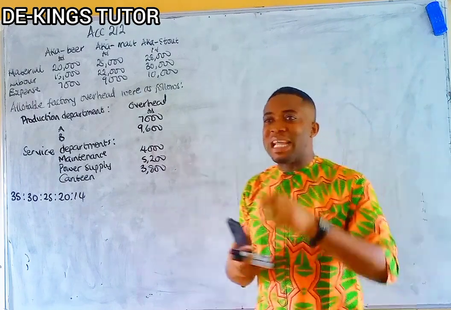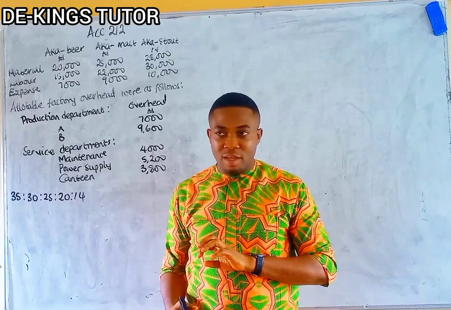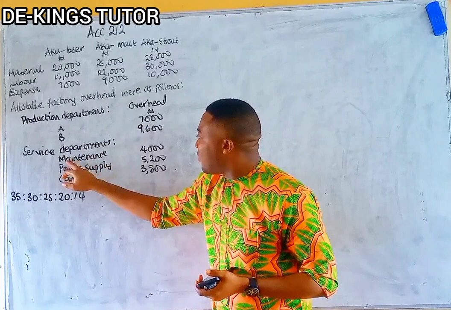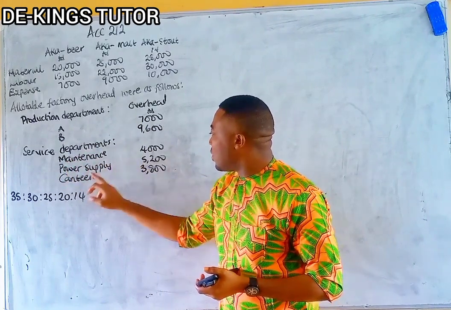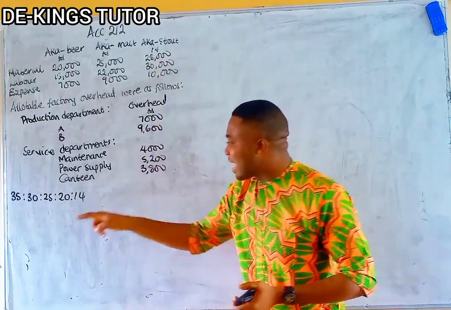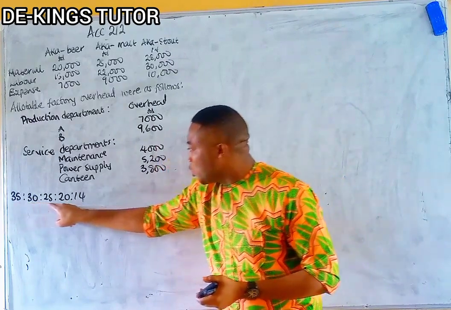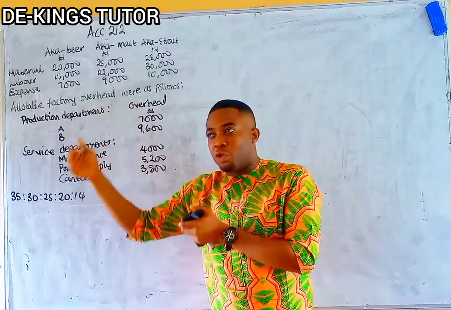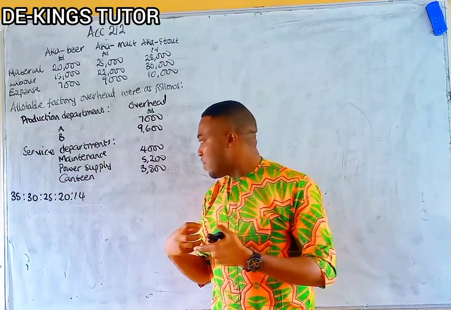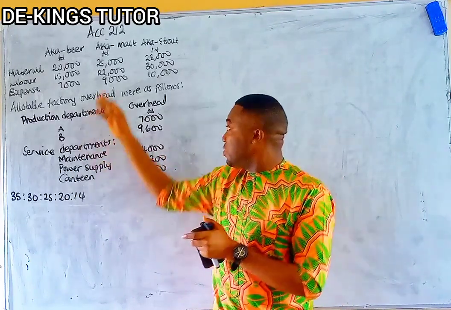What it means is that this value is what all these departments use together: department A, department B, and the service departments, maintenance, power supply, and canteen. They gave us a ratio on how to apportion it based on the benefits they have received, which I explained in the last class. Given all that, they now said we should determine the cost of producing these products.